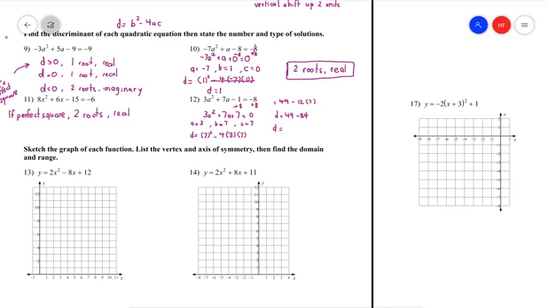D equals 49 minus 84. I know that's going to be a negative number. I don't have to find that exact number because it's only asking for the number of solutions and type of solutions. But let's find what 49 minus 84 is. It's negative 35. So D is less than 0, which means that I have two roots that are imaginary.